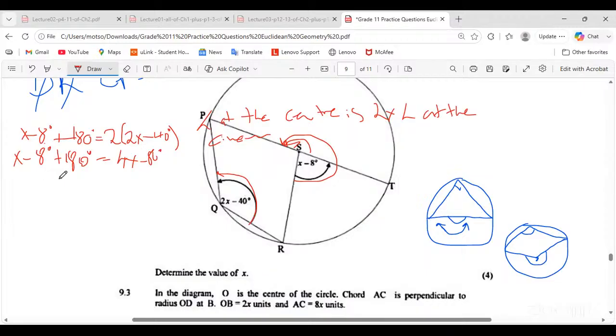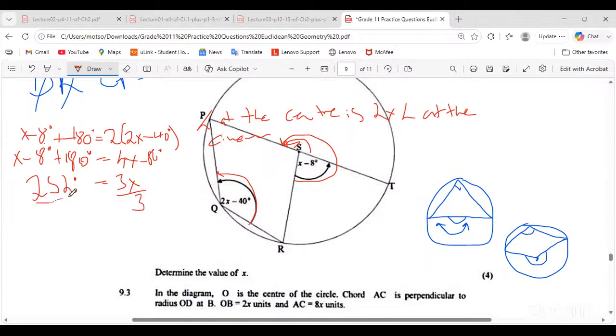Now, I take this x to the right-hand side. Now I will have 4x minus x gives me 3x. And then I will have minus 8 plus 180 degrees plus 80. I get 252 degrees.